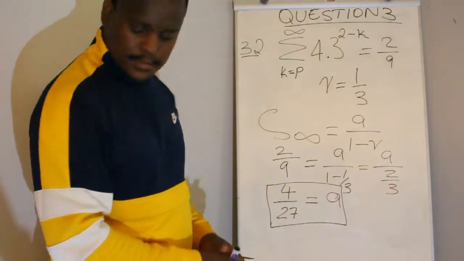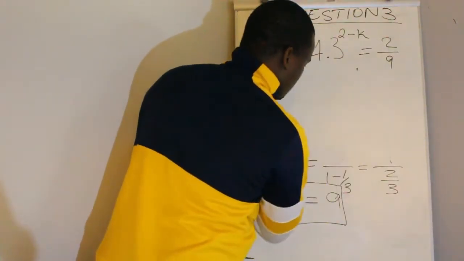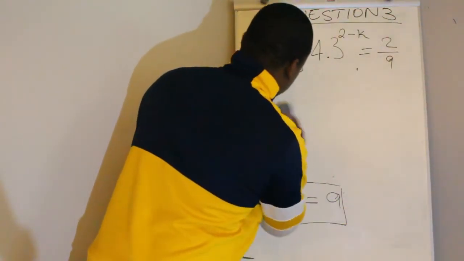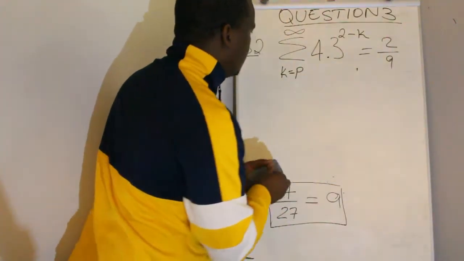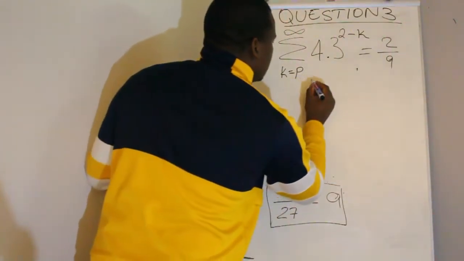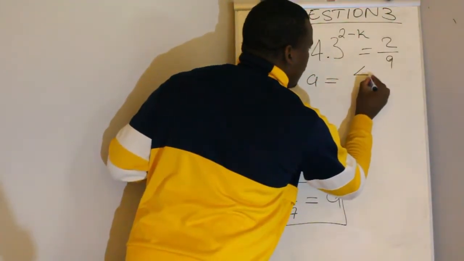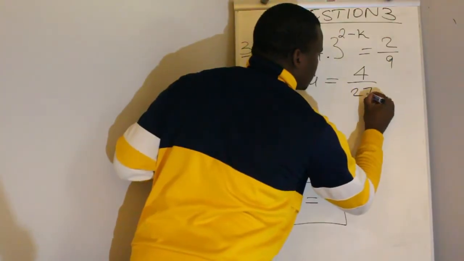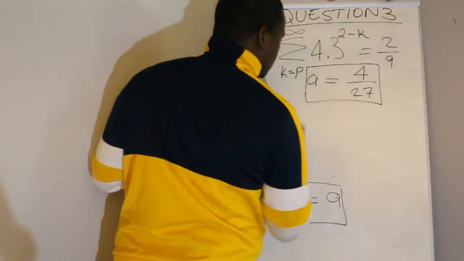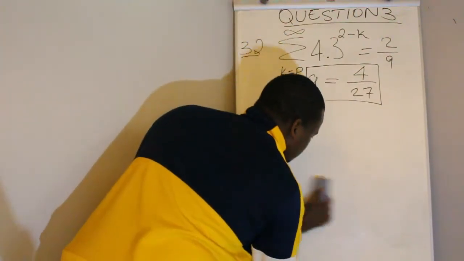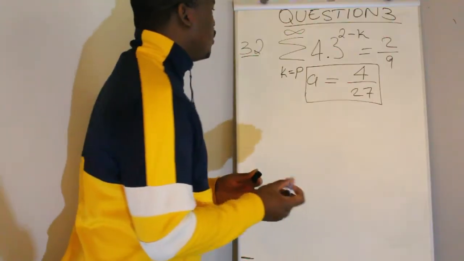So let's work on that. I'm going to clean this, because you don't need it. I'm going to take this up here. So A is equal to what? 4 over 27. This is what we just calculated. So, let's go on.